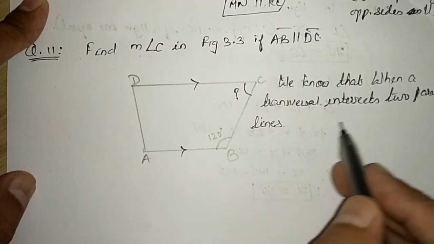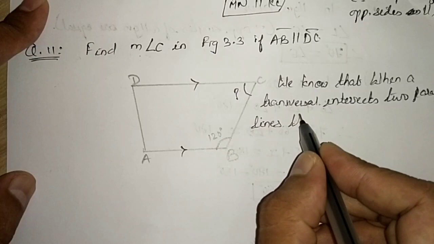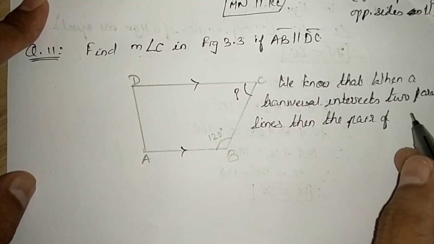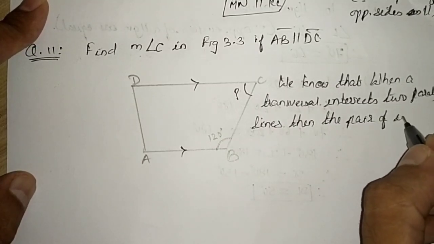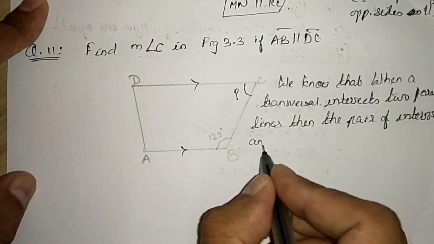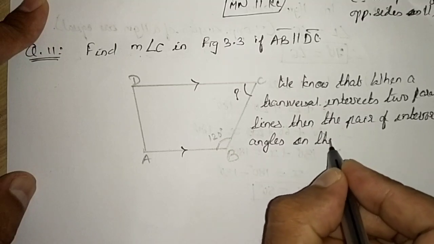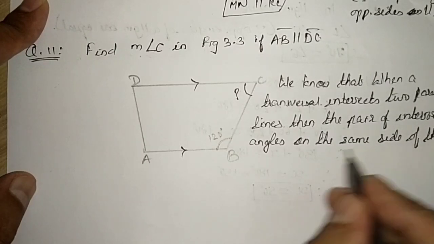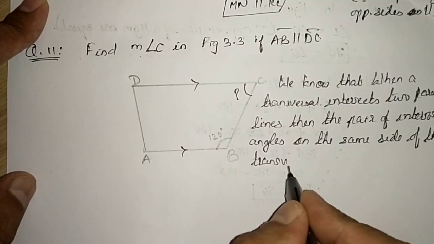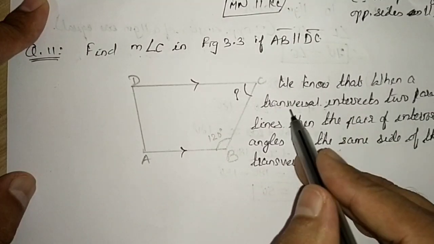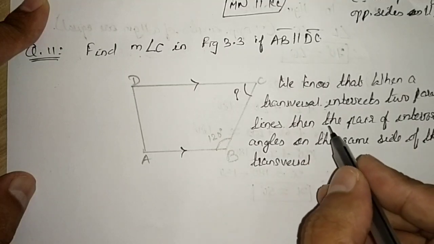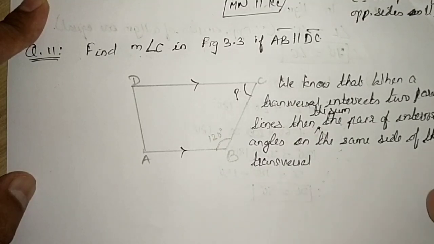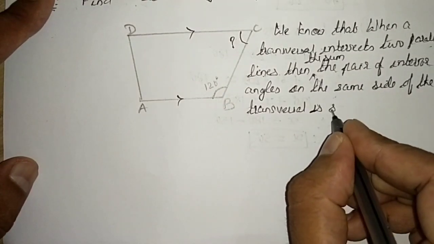When a transversal intersects two parallel lines, then the sum of the pair of interior angles on the same side of the transversal is supplementary.